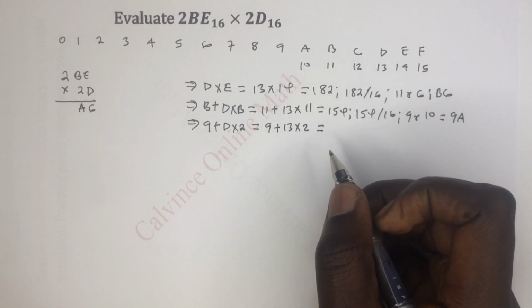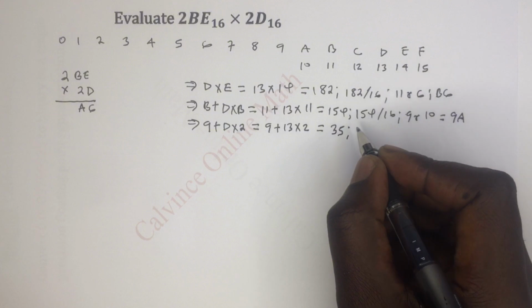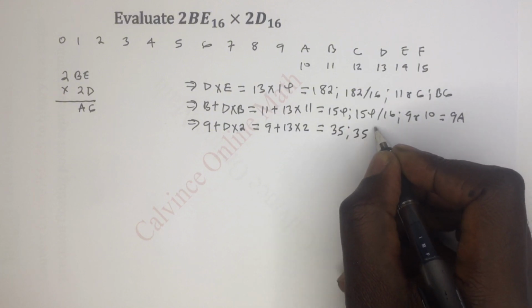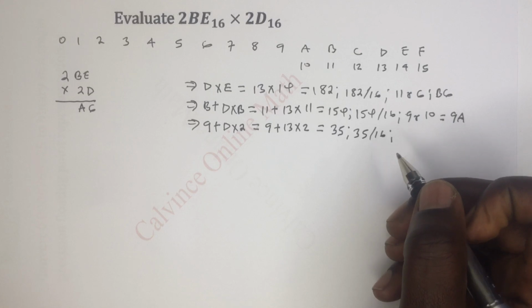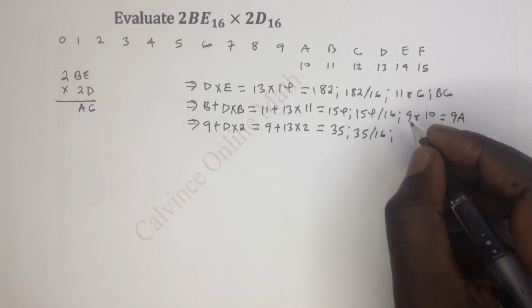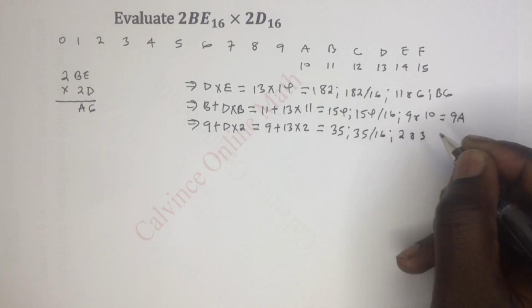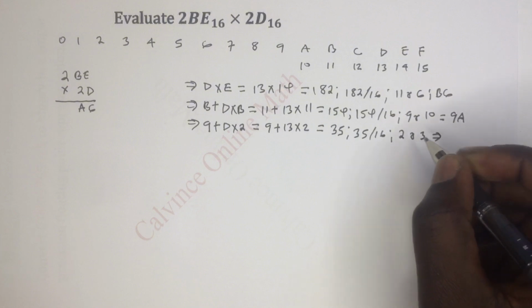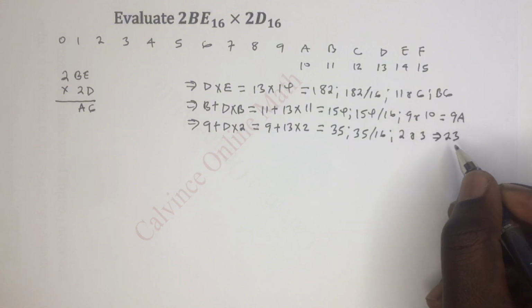If you work that out, you get 35, which is a decimal number, so you divide it by 16 to convert it to hexadecimal. 16 goes into 35 2 times, and there's a remainder of 3. So the hexadecimal number is 23. You write 3.